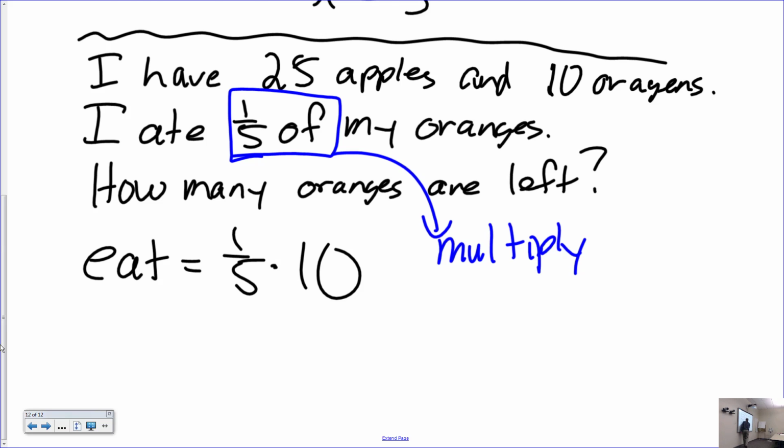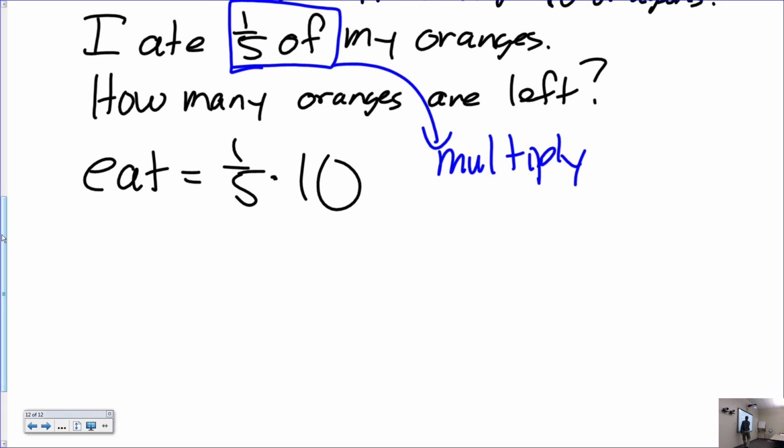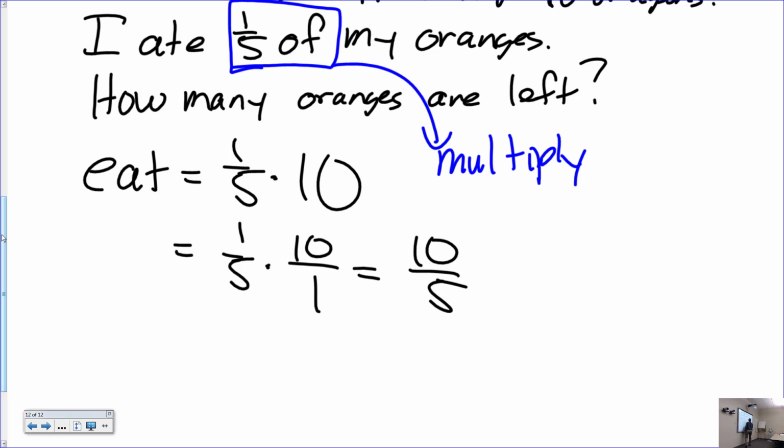Now, here's another truism of math, folks. Multiplying by 1/5 is the same as dividing by 5. This is one of those things that people tend to think they don't believe is true, but it always is. When you multiply by 1/5, this is 1/5 times 10 over 1. How do we multiply fractions? Straight across, right? 10 over 5.